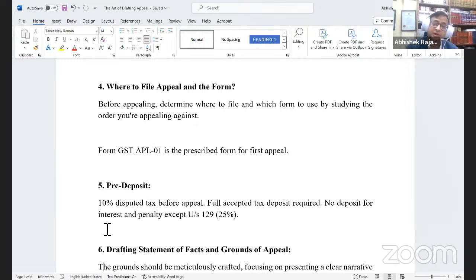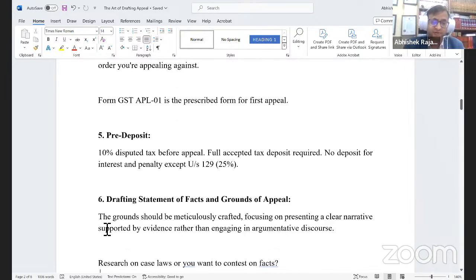This means that 2.5% should be mandatorily in cash, and the remaining 10% out of 12.5% could be either in cash or through utilization of ITC. So if we understand everything, the government has already accepted, in principle, that 10% of the pre-deposit amount could be from utilization of ITC.